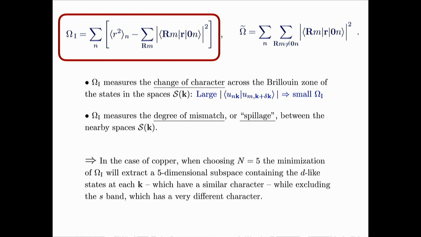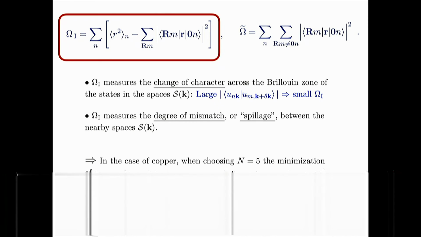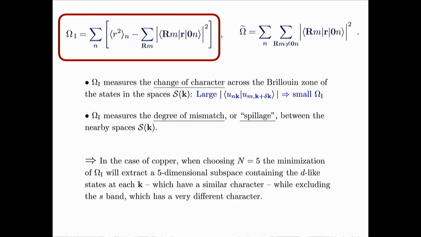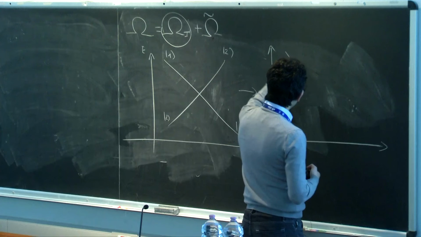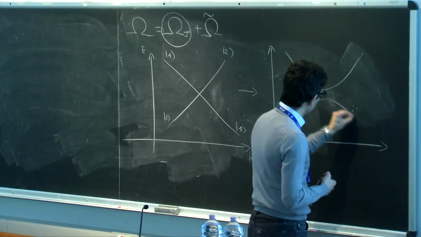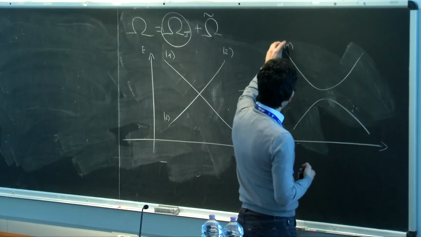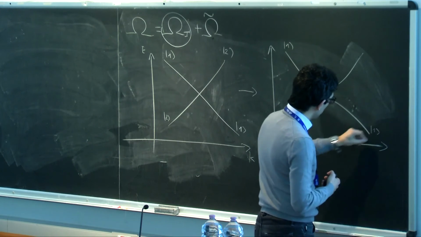I'm zooming on a band structure, okay, so this is my k-space. That's my energy. And they have a state that we call 1 and a state that we call 2. So that's 1 and that's 2. If you have some interaction between these two states, what you get is an anti-crossing. So the actual band structure will be something more like this, where here it's 1, very far away, and 1 here.